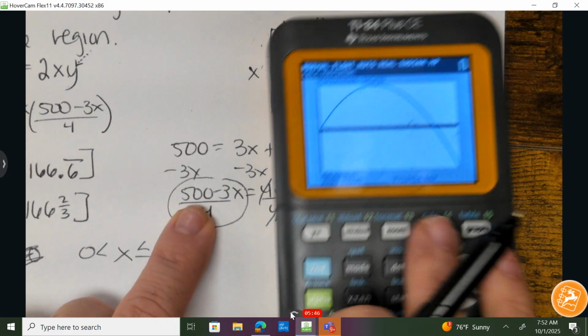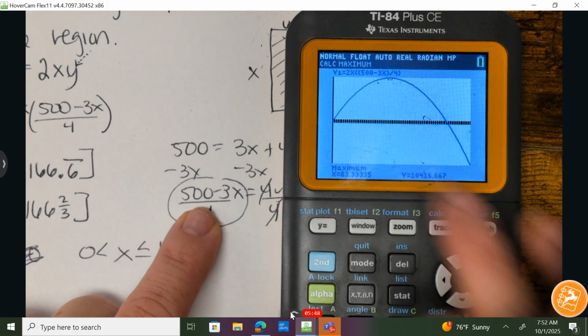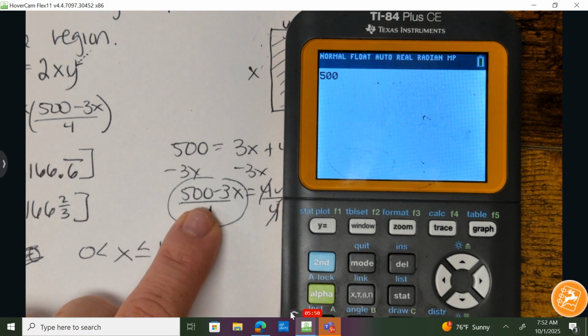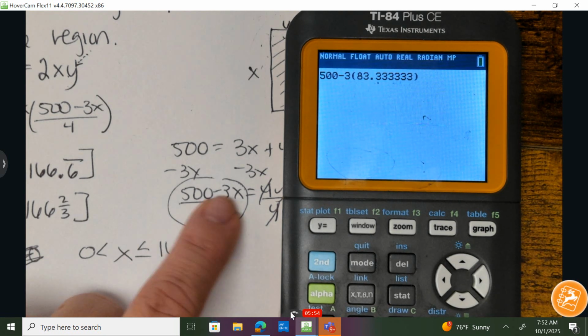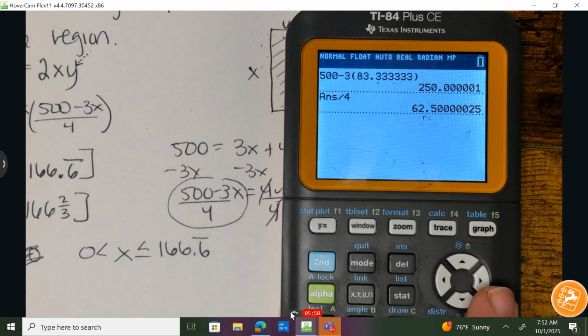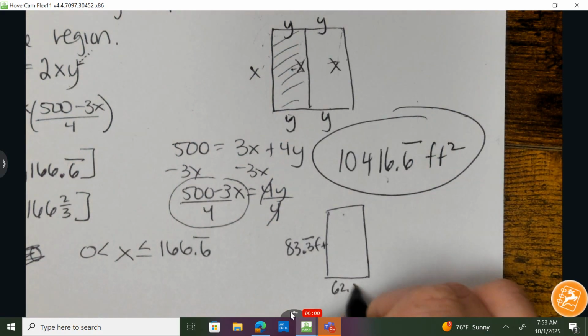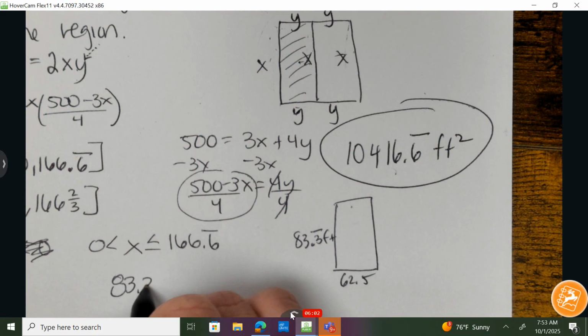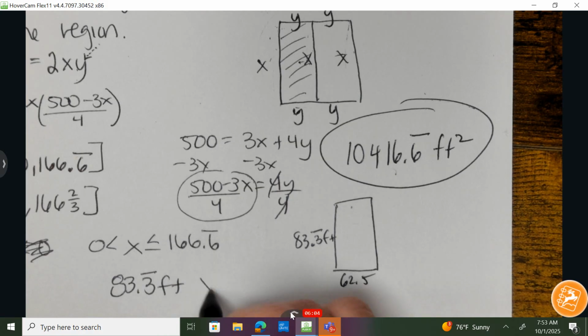So I think it's easier to take this 83.3 repeating and take 500, subtract 3 times 83.3 repeating, get an answer, pressing enter, and then dividing by 4. So 62.5. The dimensions are 83.3 repeating feet by 62.5 feet.